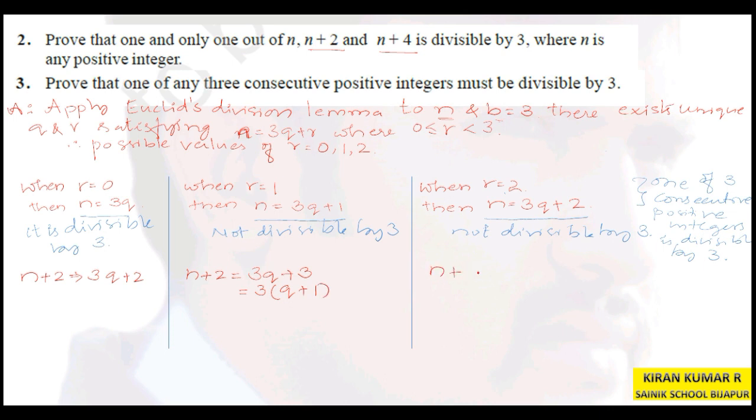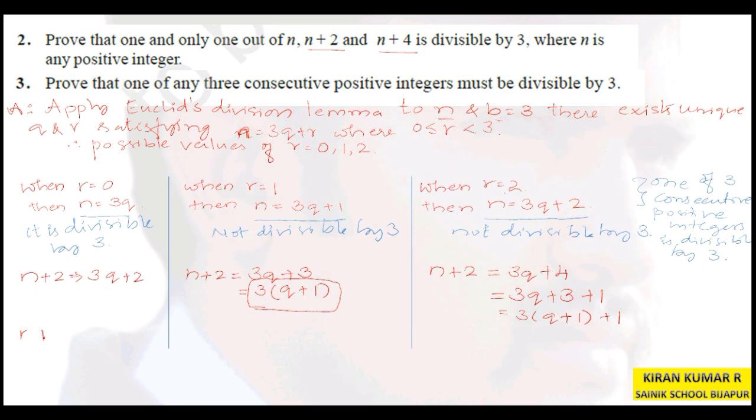In this case, n plus 2 will be 3q plus 4. The same can be written as 3q plus 3 plus 1, nothing but 3 times of q plus 1 added to 1. Observe, in these 3 formats, it is divisible only in this case, because it is a multiple of 3.